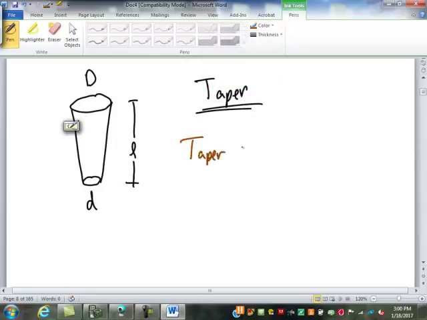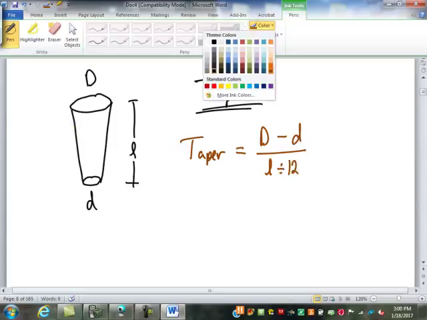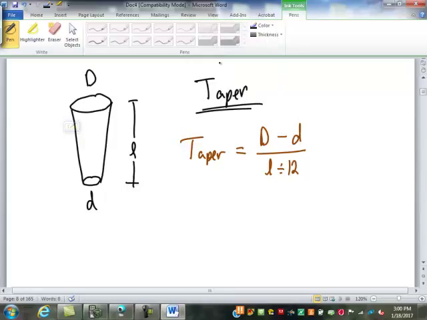So the taper is defined to be the big diameter minus the little diameter over the length divided by 12. All these dimensions are in inches. The length is divided by 12 because tapers are given in inches of diameter per foot of length.